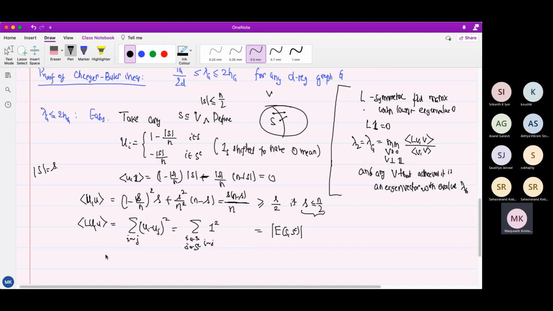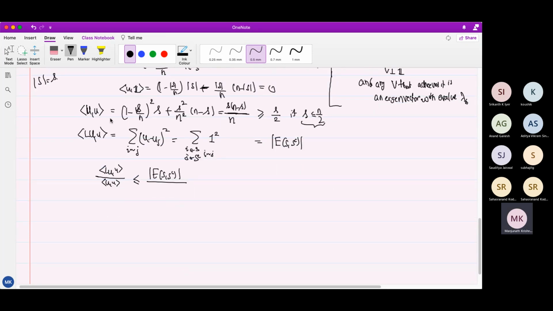So from these two, what we see is that Lu inner product u over u inner product u has a lower bound. The top is an equality, but the bottom, u inner product u, is at least s by 2. So this is true for all S. But this you know is greater than or equal to lambda G, the Rayleigh quotient.